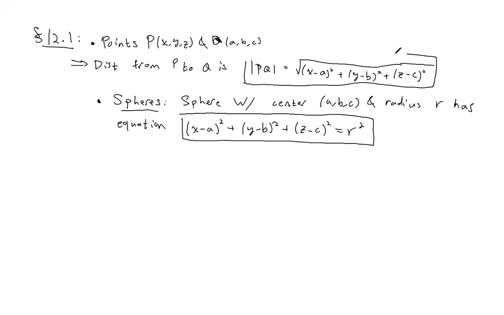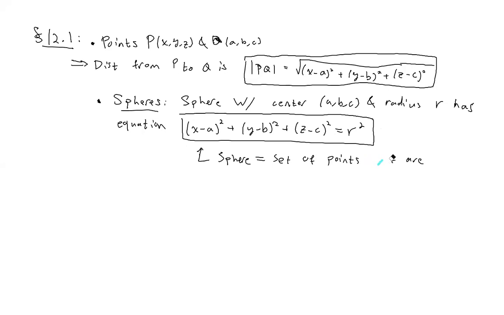Because what is a sphere? A sphere is, strictly speaking, if you really want to be technical about this, the set of all points. Actually, let me be a little more specific with that.